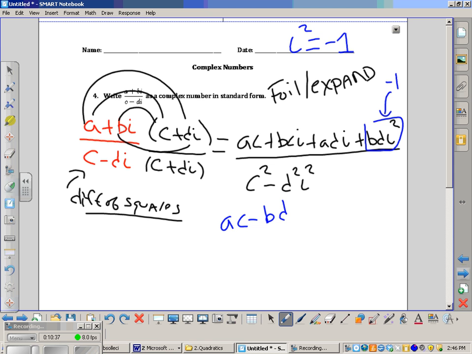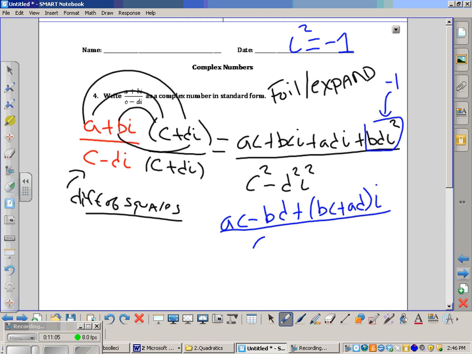So ac minus bd plus, let's see, a plus bi form. So I want bc plus ad i. Pause for a second. Take a look at that numerator. Make sure you understand it. We have ac minus bd plus bc plus ad in parentheses times i. All I did was group together the two terms that had an i on them.